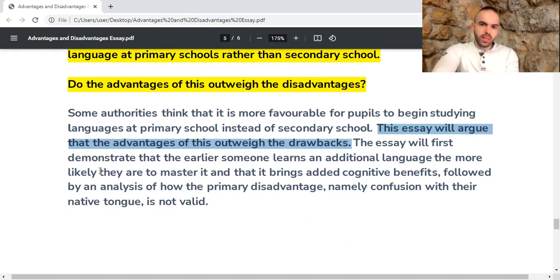Let's see. The essay will first demonstrate that the earlier someone learns an additional language, the more likely they are to master it. So that's one advantage. And that it brings added cognitive benefits. Cognitive means mental, okay, or intellectual benefits. So as you can see, I have written 2 advantages because I am able to do that.